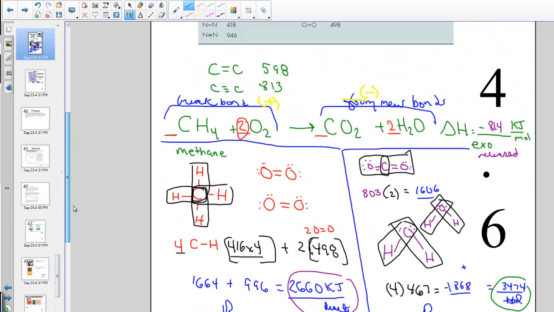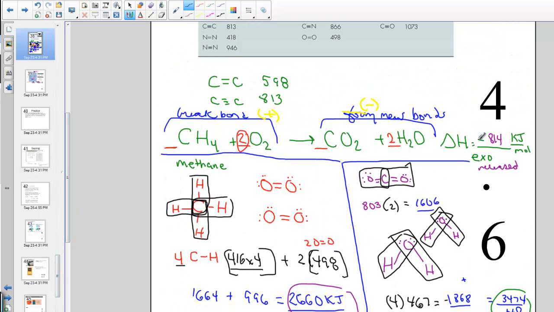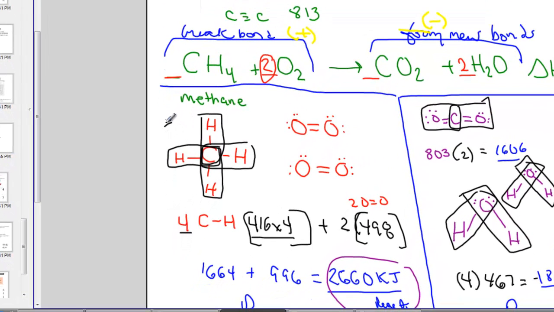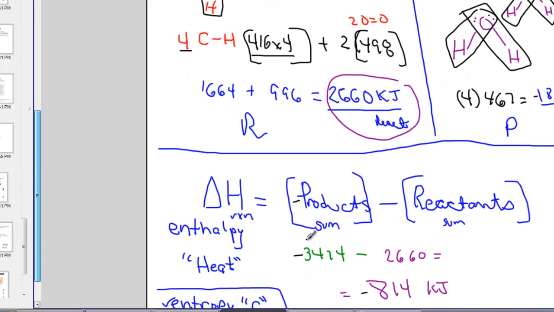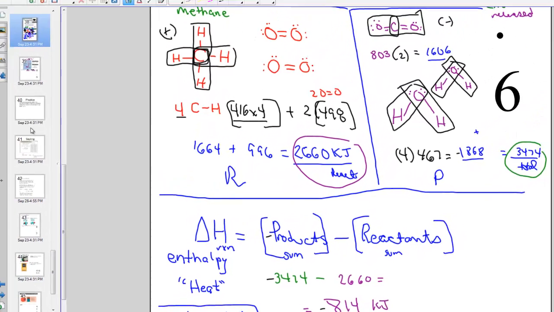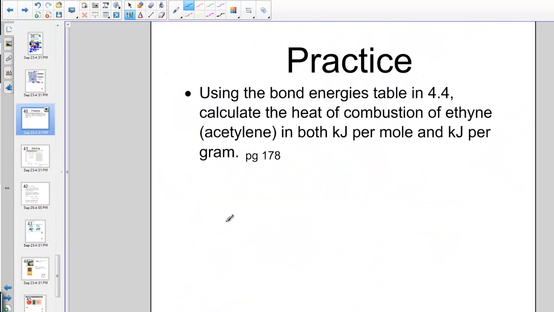Our intuition also told us that because it was exothermic, as all combustions are, it had to come out to be a negative sign. So for reactants, because we're breaking bonds, we know it's a positive value from our chart. On the product side, because we're forming bonds, make them a negative value on your chart, and take the products minus reactants to find the overall change of your compound.